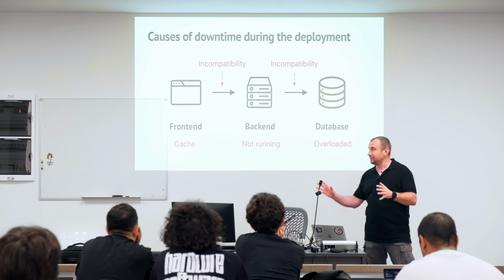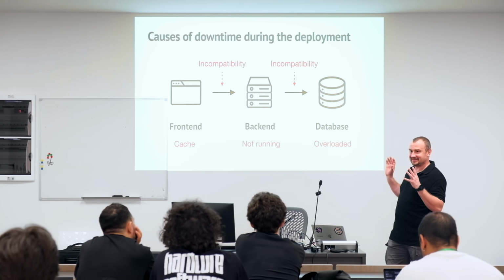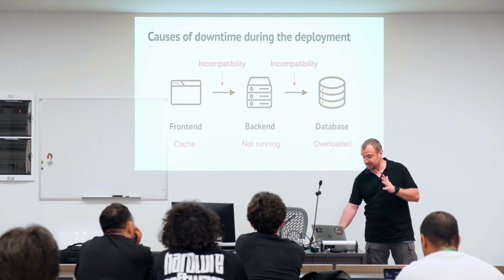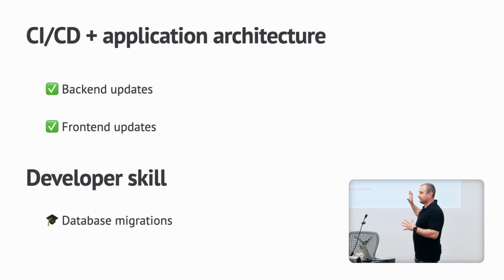The good news is that it may look scary, but it's actually pretty much manageable. And for most of these problems, you can solve them once and for good. You can automate backend updates via your application infrastructure and clever CI/CD scripts.